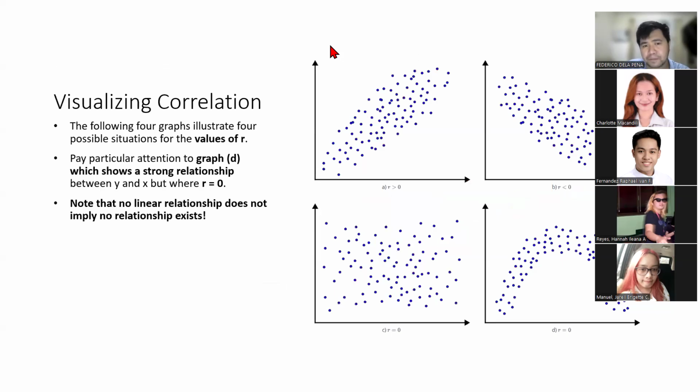In practice, we actually use transformations for data sets which do not exhibit a linear trend. I think that's one of the problems in the exercise.